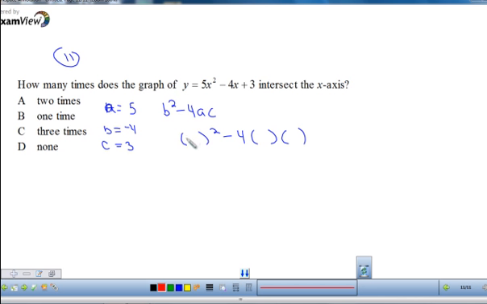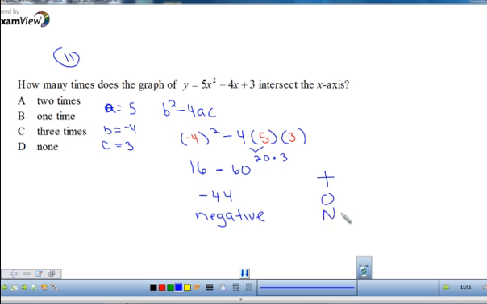So I'm going to have 16. Bring down your negative. 4 times 5 is 20. 20 times 3 is 60. And 16 minus 60 is -44. Since it's a negative number, remember, the discriminant is negative, so that means it's going to have no solution.